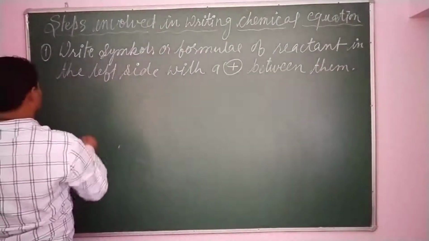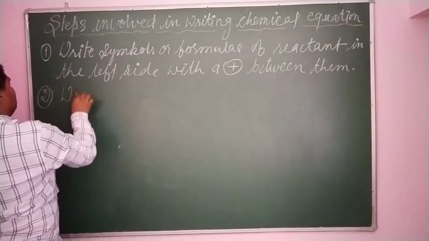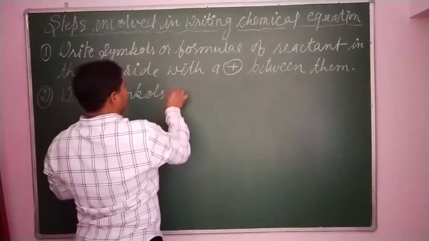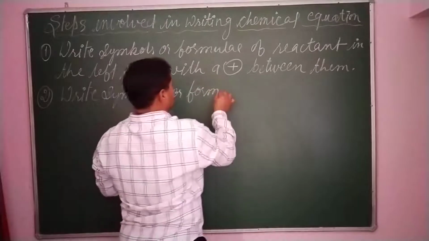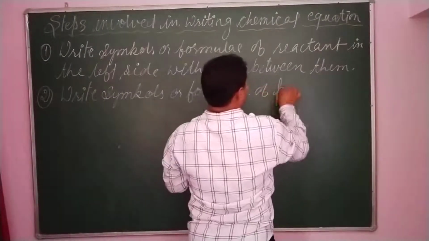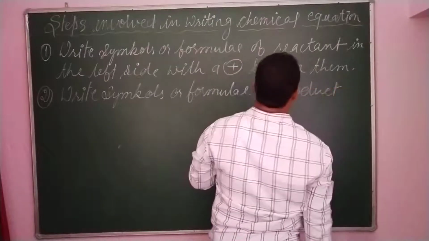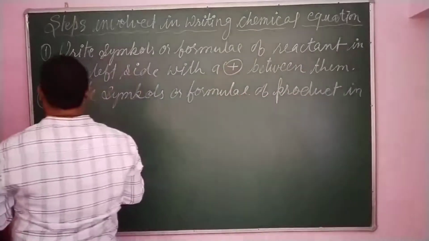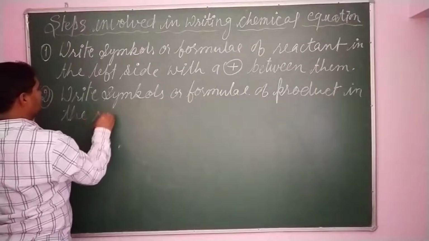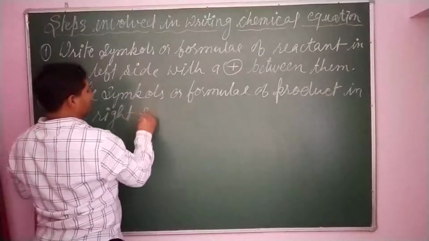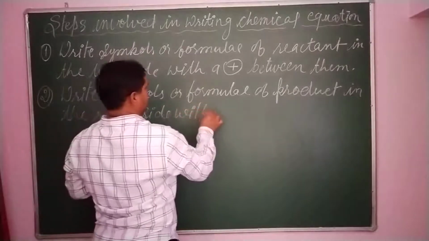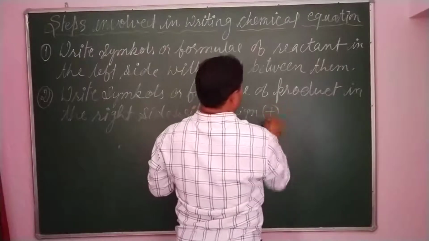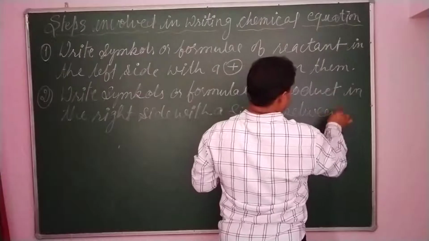Second, write symbols and formula of products on the right hand side with a plus sign between them.